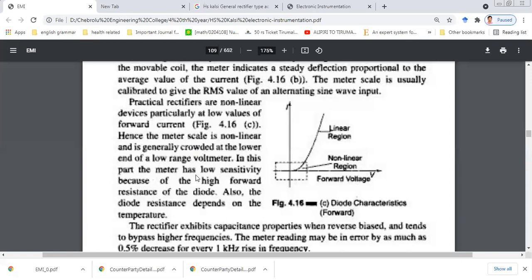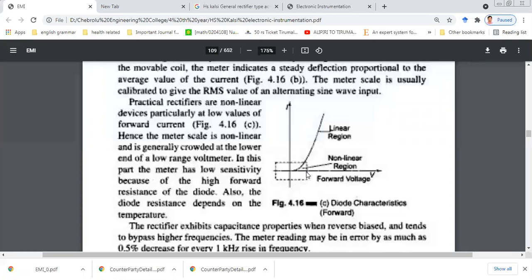So the sensitivity is also low. In this part of the meter there is low sensitivity because of the high forward resistance of the diode. So there are two regions of operation for the diode.